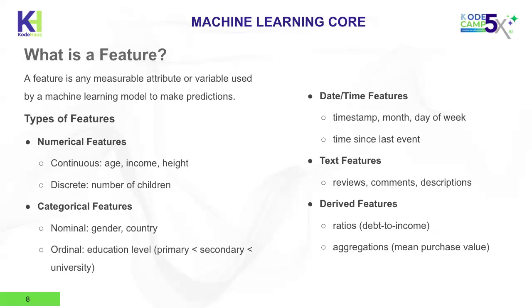A good example is the price of housing. A feature would be the size of the house, the location of the house, the year it was built or the age, like we are saying now, the rate of deterioration, right?